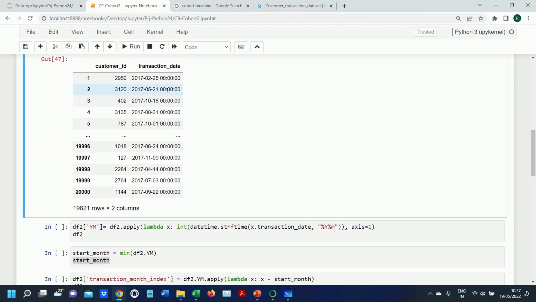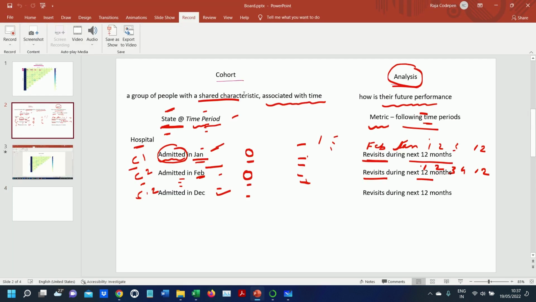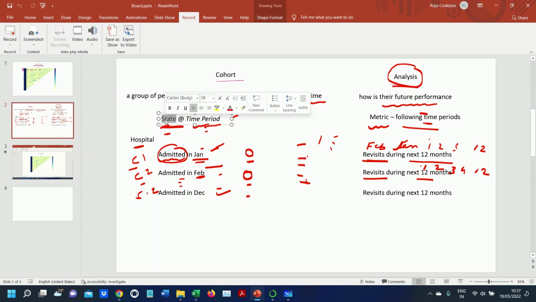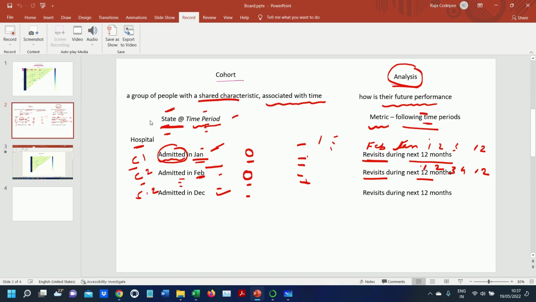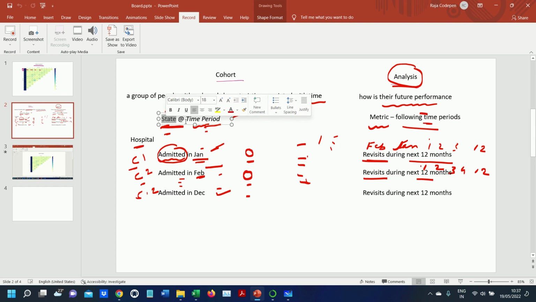Now let me find out the transaction month. As per our previous discussion, our time period here is going to be month, and the state is the initial purchase: in which month have they initially purchased.